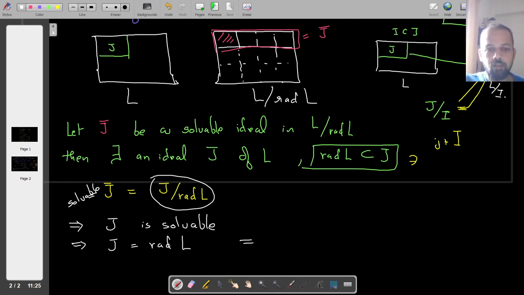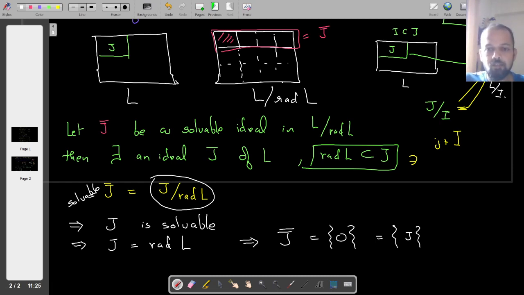So this automatically would imply that if J is equal to radical L, J bar is only 0. In other words, you would usually write J by radical L. This will be only J, because J is equal to radical L. But here anyways, in J by radical L or radical L, you can write it, it's up to you.